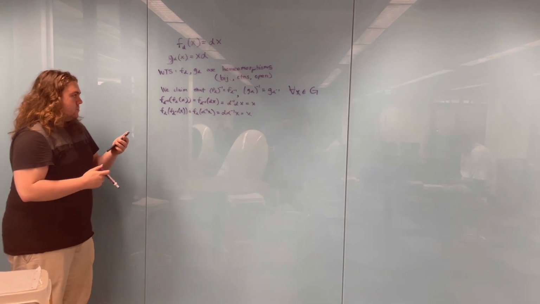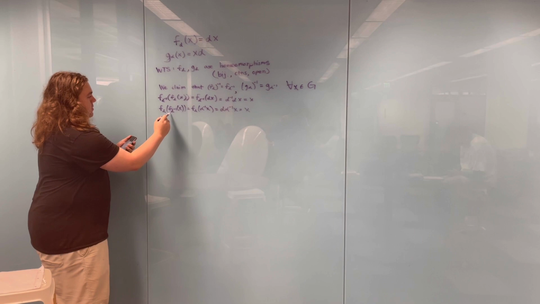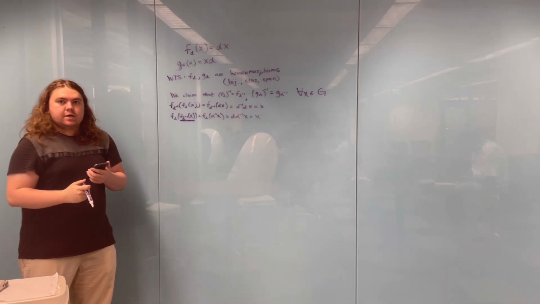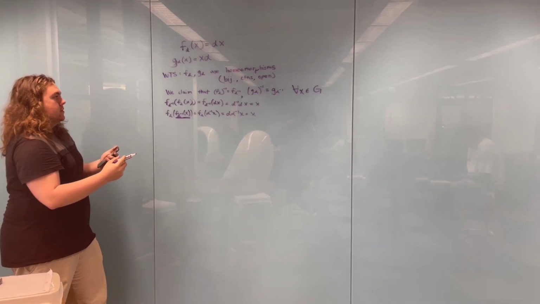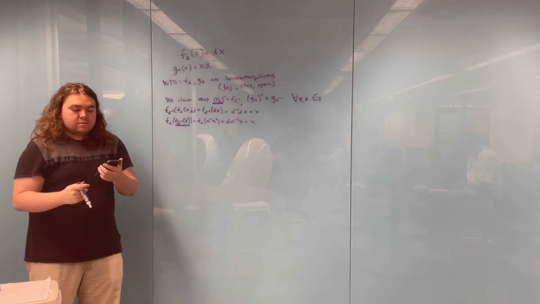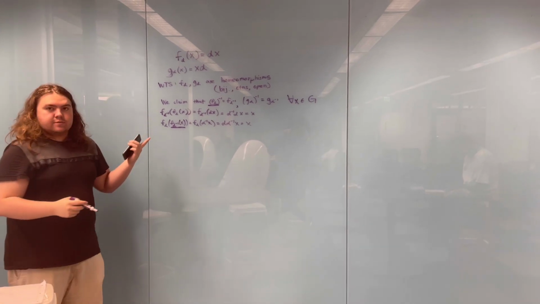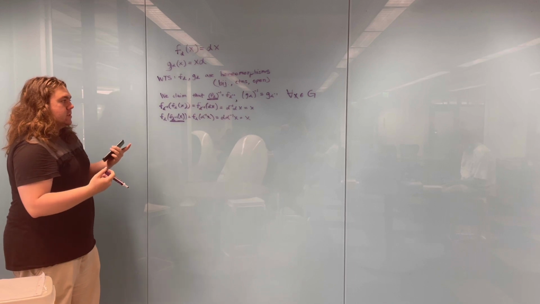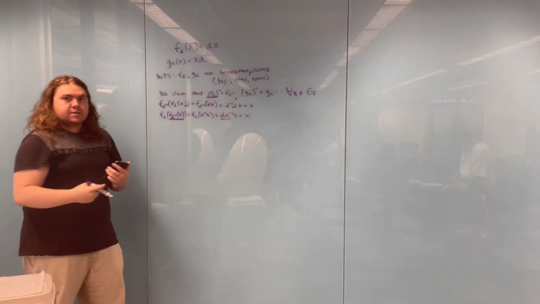So in this way, we've shown that our f of alpha inverse function, as we've defined, is in fact the inverse of our regular alpha function. And the exact same argument applies for g, just on the other side. So instead of being on the left of x, it'll be on the right side of x instead.